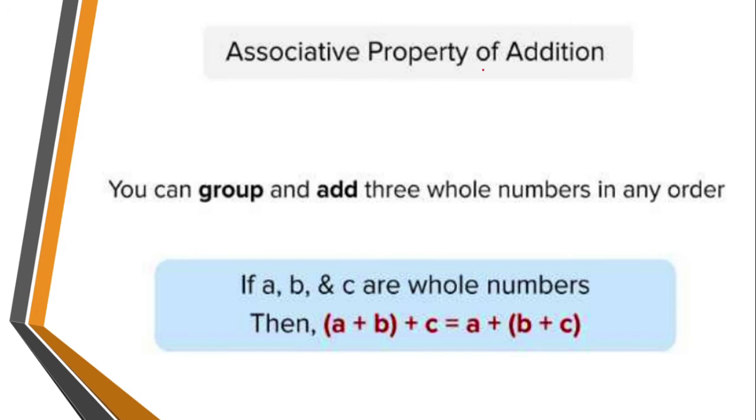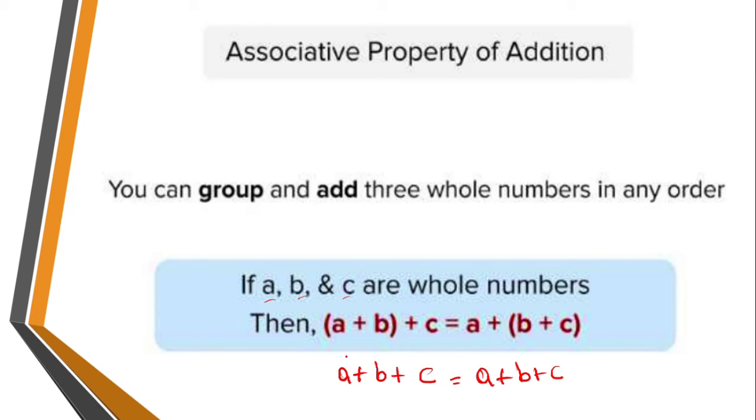Now let's learn associative property of addition. So you can group and add 3 whole numbers in any order. Now, if we consider A, B and C as whole numbers, the first step will be A plus B plus C. Right. And again we will do the same thing only, A plus B plus C. But we will group the terms.